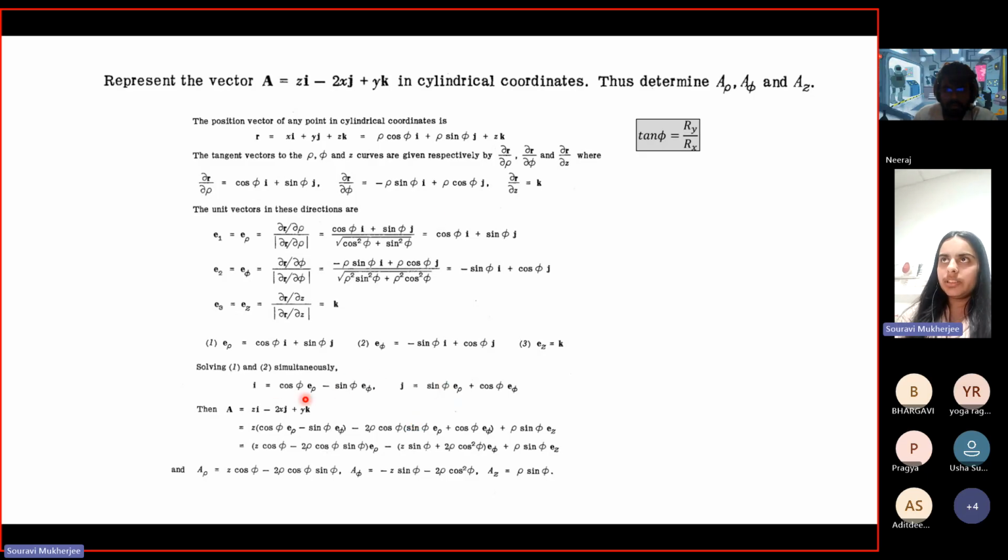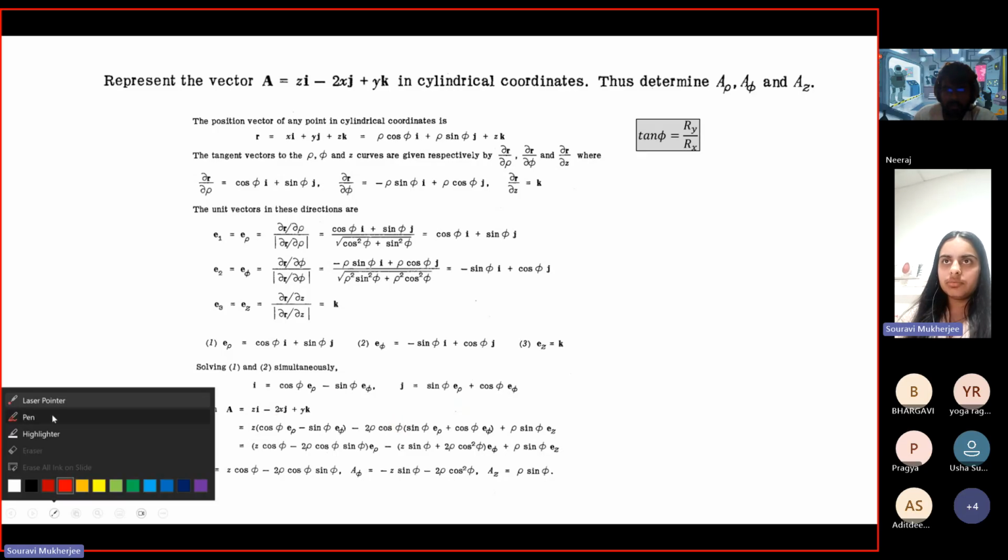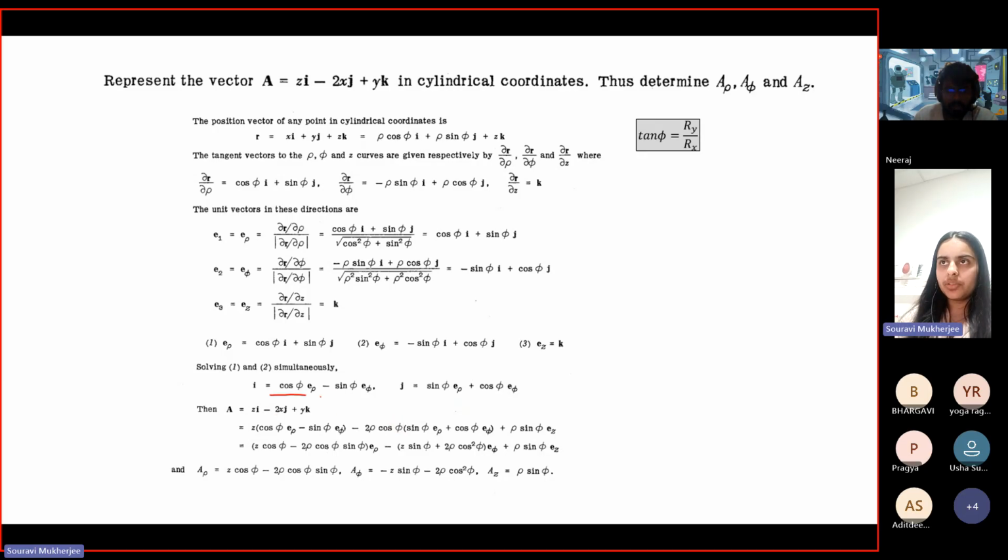Basically, this is already solved for the cylindrical coordinate, so you already have the relations. This is your x cap, this is your y cap, and this is how they are written in terms of rho cap, which is nothing but r cap. E phi is nothing but phi cap, and Ez is z, which is the same.